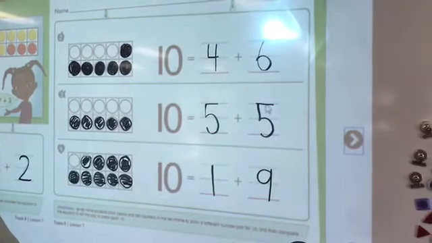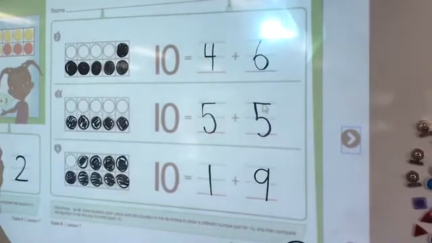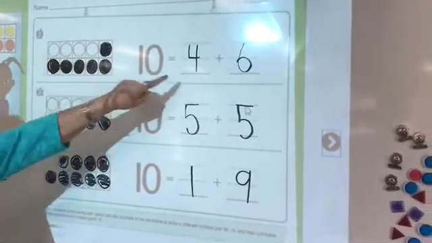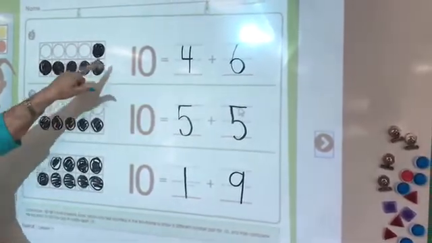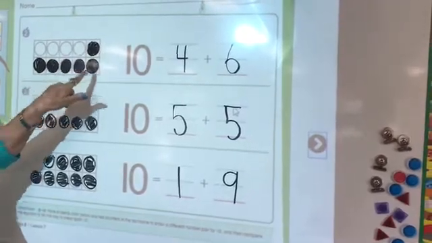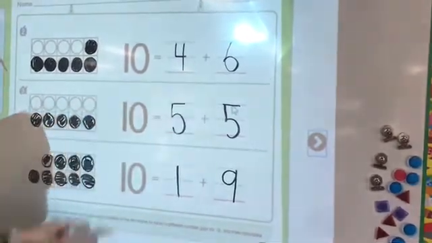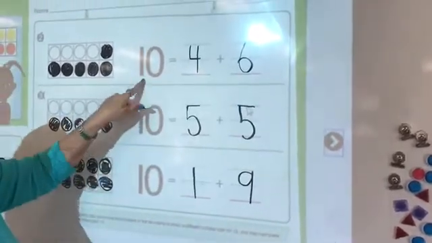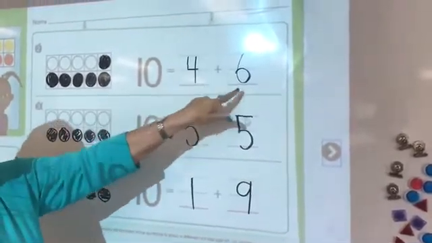Let's check your answers. For number 2, we have 10 equals 1, 2, 3, 4, and we've written the numeral 4, plus 1, 2, 3, 4, 5, 6, and you've written the numeral 6. 10 equals 4 plus 6. Read it with me. 10 equals 4 plus 6.